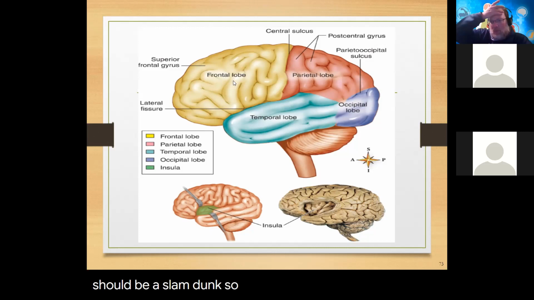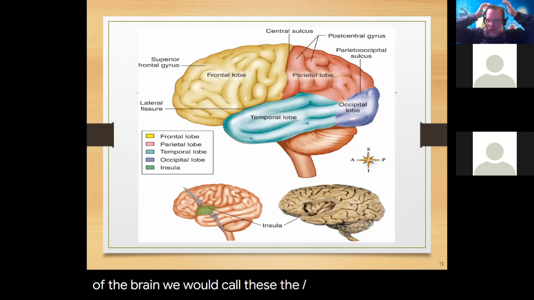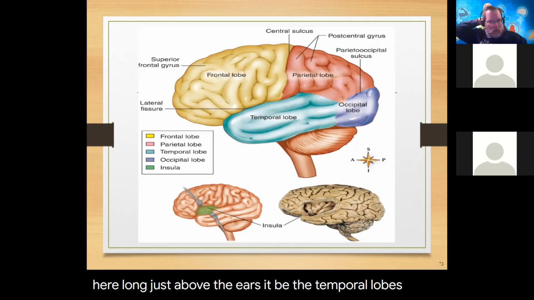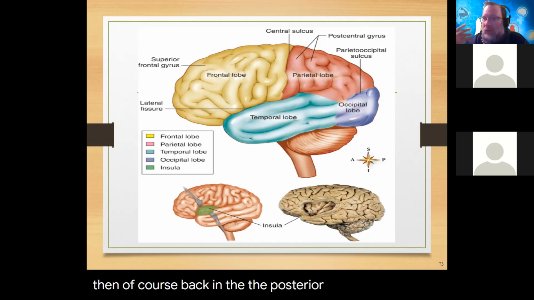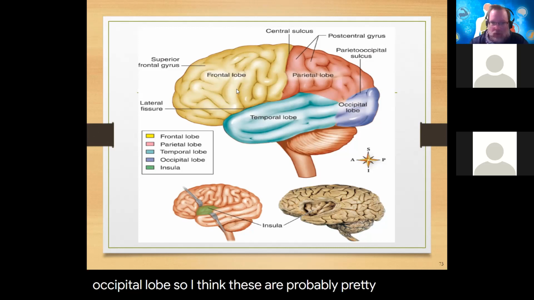We would call this the frontal lobe of the brain. We would call these the parietal lobes. Down here just above the ears are the temporal lobes, and then of course in the posterior area would be the occipital lobes. I think these are pretty straightforward.